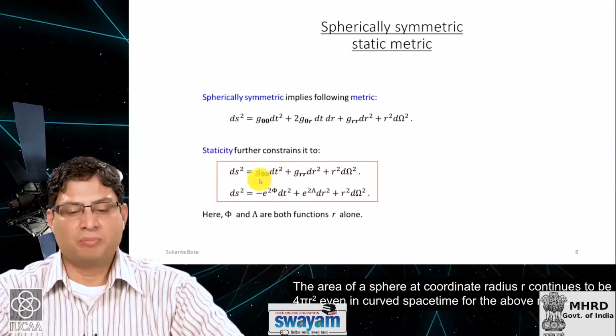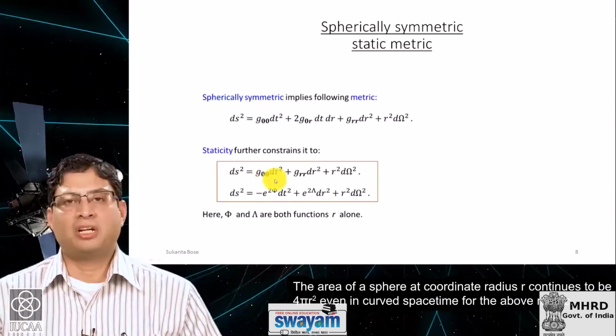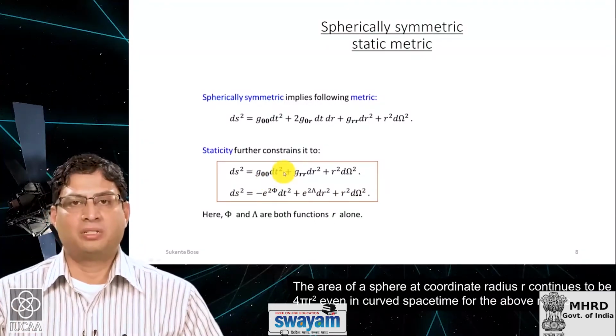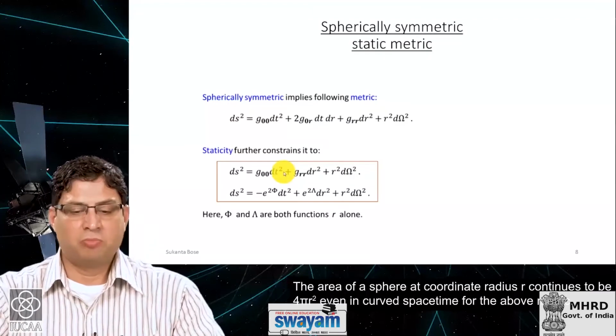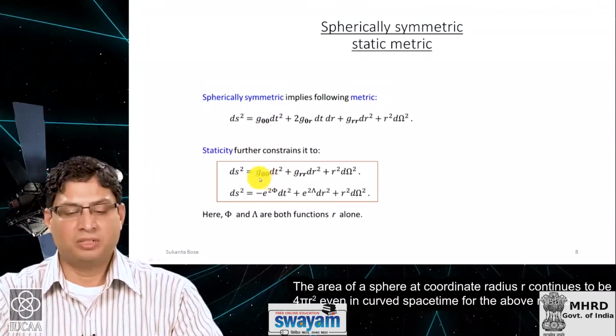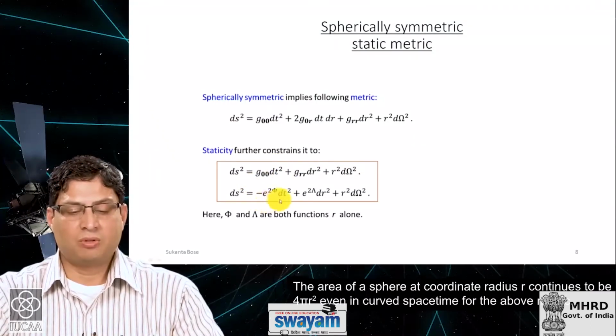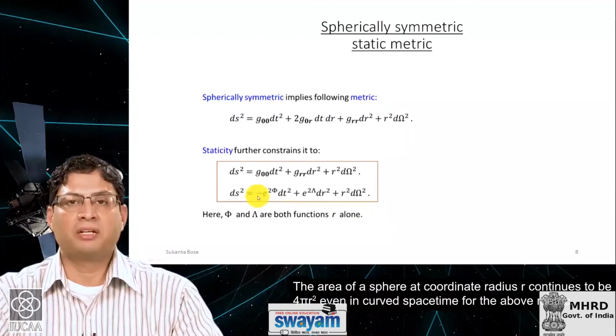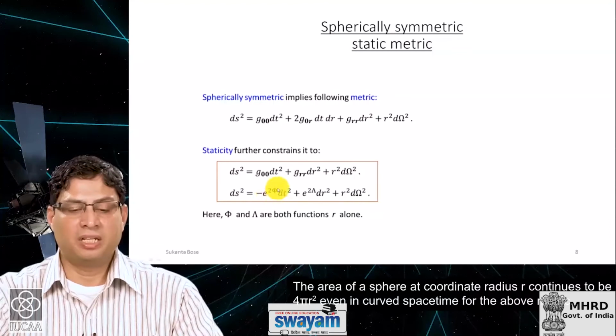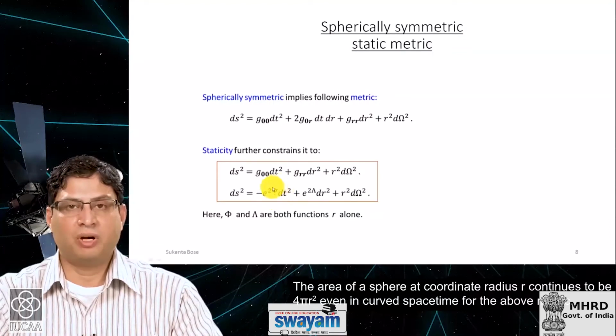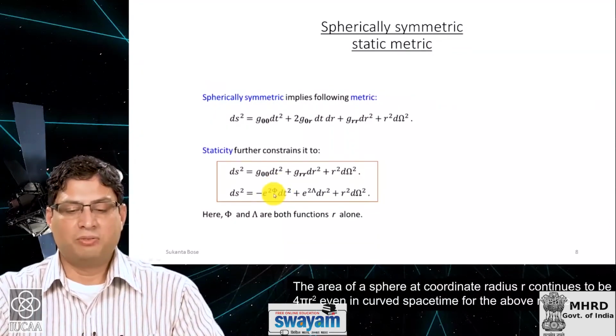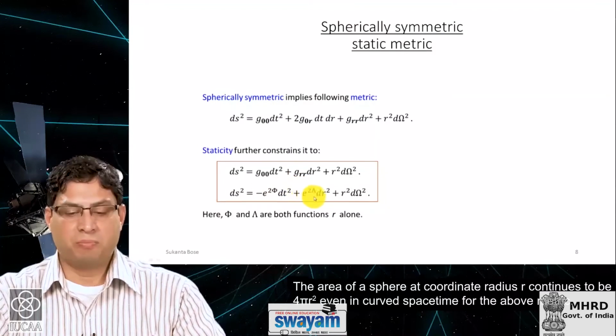Now g00, because any separation along the time-like axis has to be time-like separated, as we saw in special relativity, this coefficient has to be negative. So that's why let me explicitly give a negative sign here and then bring in a positive factor e^{2Φ}.